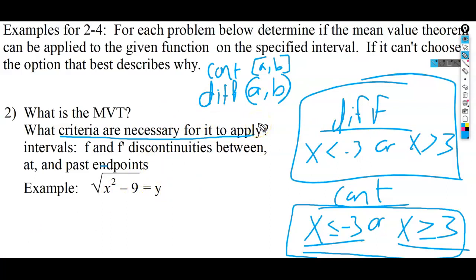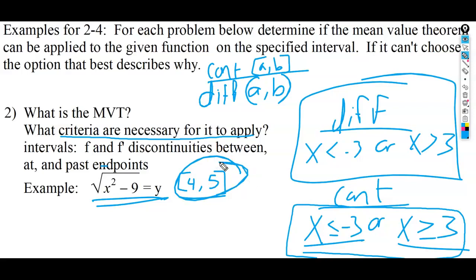So let's say I gave you an interval that looks like this. Can the MVT apply to this function on that interval? Well, remember, it has to be continuous on the closed interval. So, is this function continuous on the interval 4 to 5? Well, remember, the function is continuous for anything that is either less than or equal to negative 3 or greater than or equal to 3.